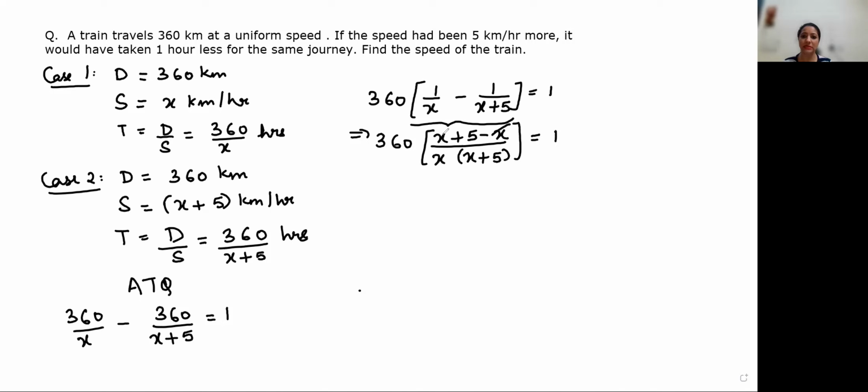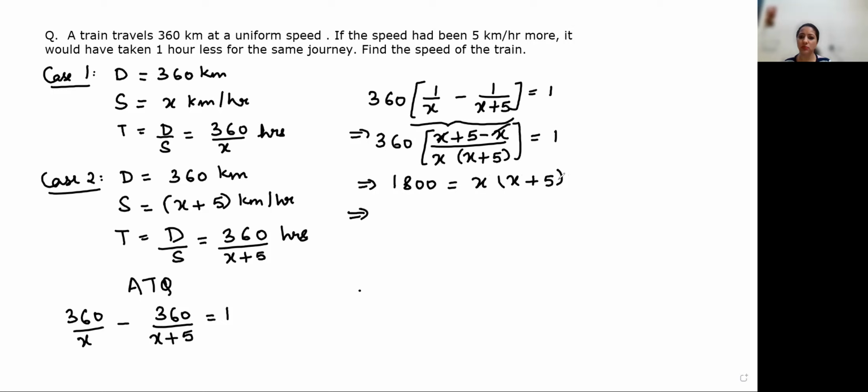Now here minus x and plus x will get cancelled. We will take this 360 and multiply it with 5. So we'll get 1800. And this entire thing in the denominator, we are going to take towards the right hand side and multiply it with 1. So we will get the same thing, x into x plus 5.